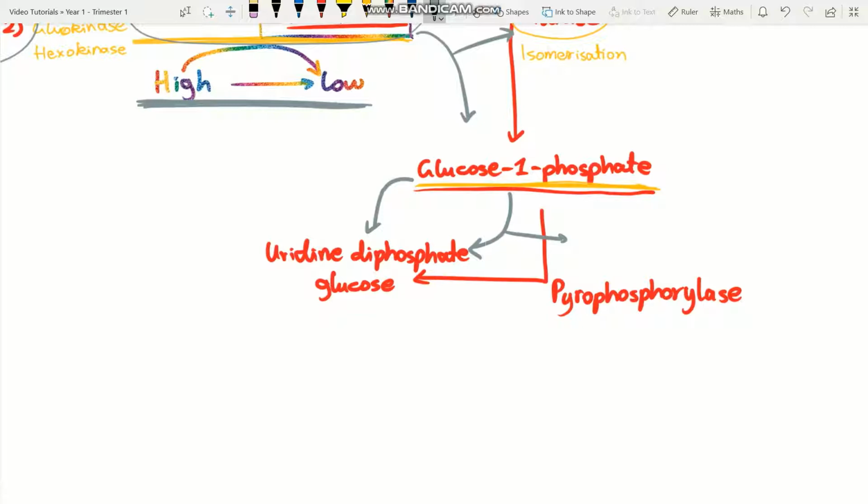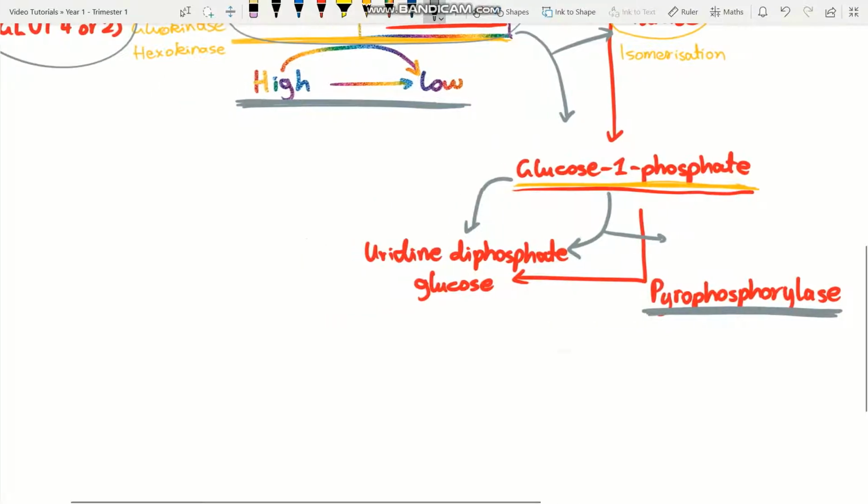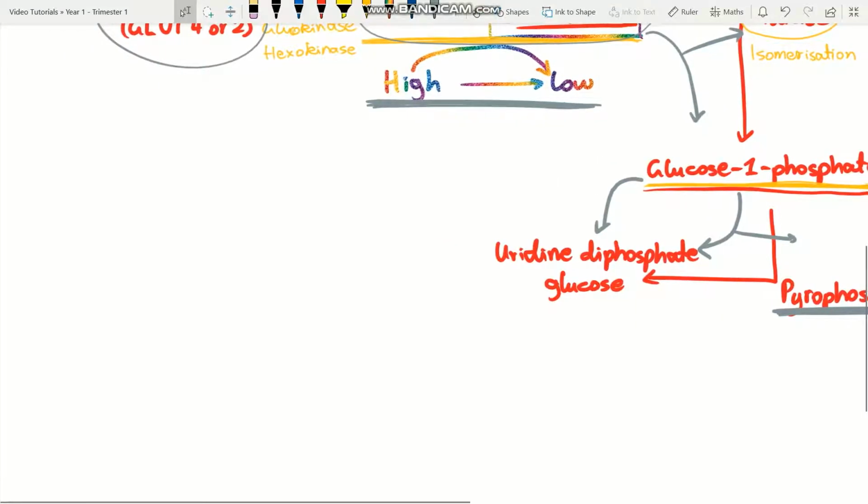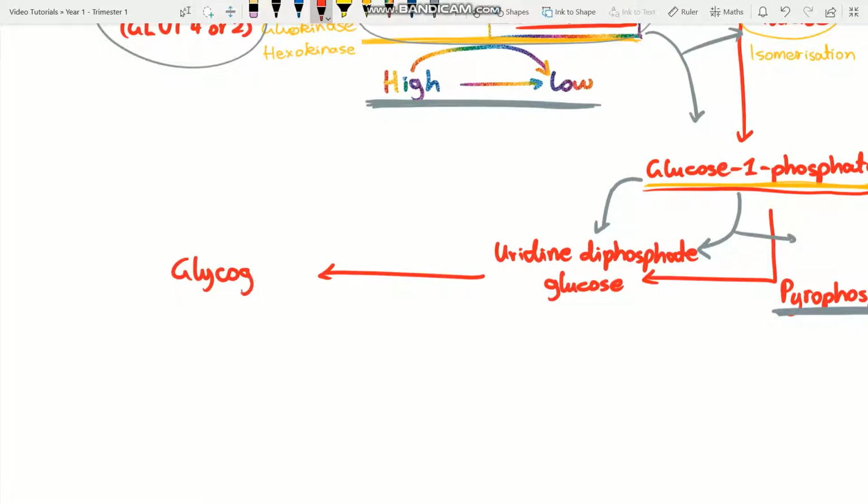And this process is assisted by the pyrophosphorylase enzyme. So that's the second last stage in the process of glycogenesis. The next stage is simply the formation of the glycogen chain. And this process occurs with the enzyme called glycogen synthase.